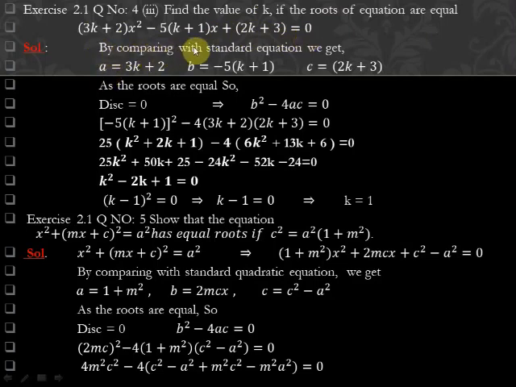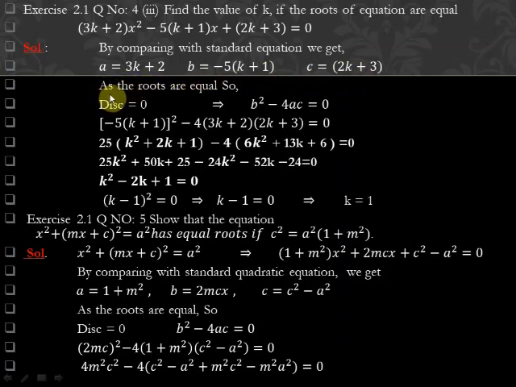By comparing with the standard quadratic equation, we get coefficient of x square a is equal to 3k plus 2. Coefficient of x is equal to minus 5 into (k plus 1). And the constant c is equal to 2k plus 3.